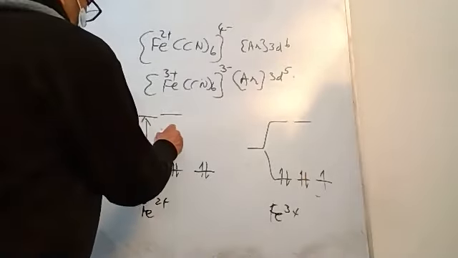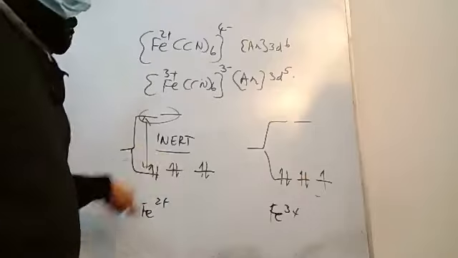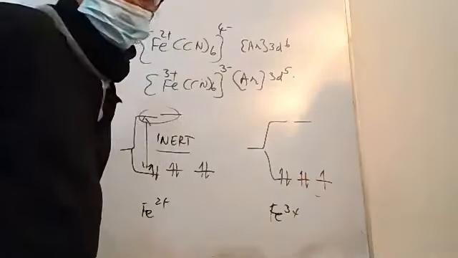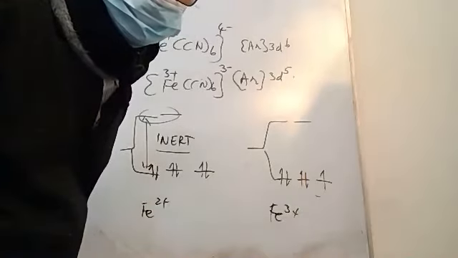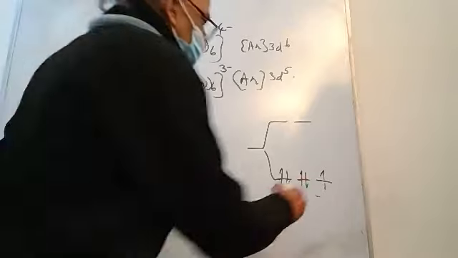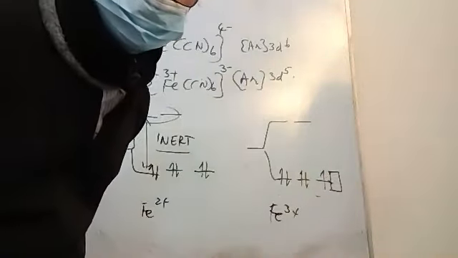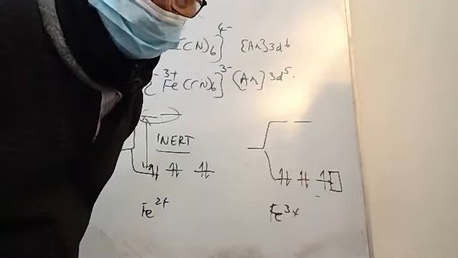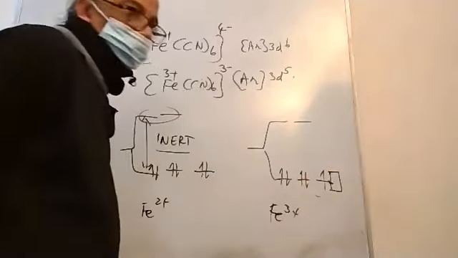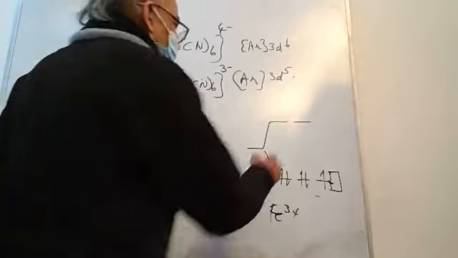This is inert, because it has empty eg and filled t2g. Compare that here. Is your t2g completely filled? There is always a hole here, right? There is an empty space here, which iron 2+ does not have. And the fact that t2g is only partially full, not completely filled, makes it labile.